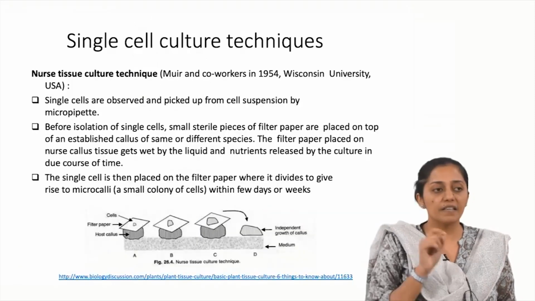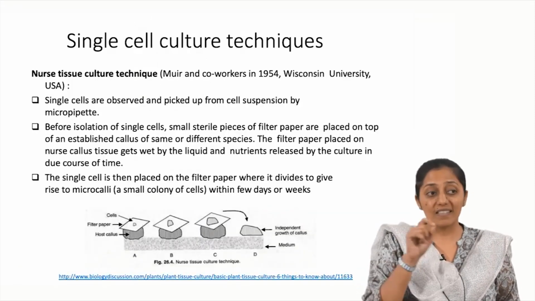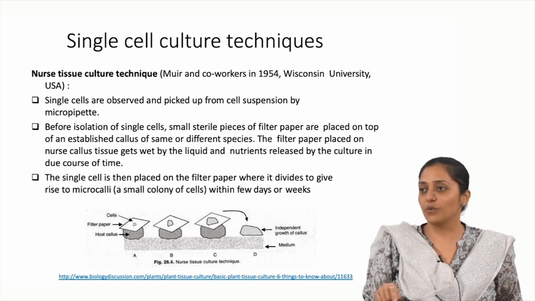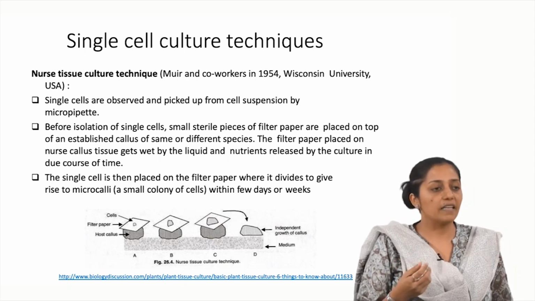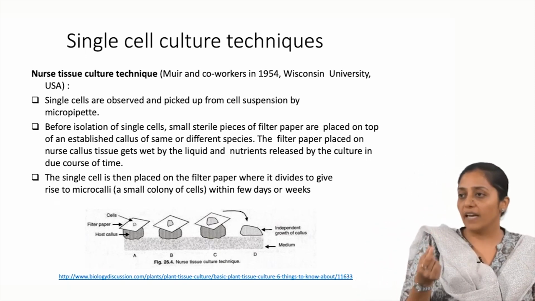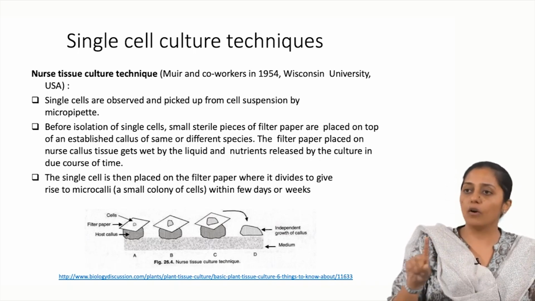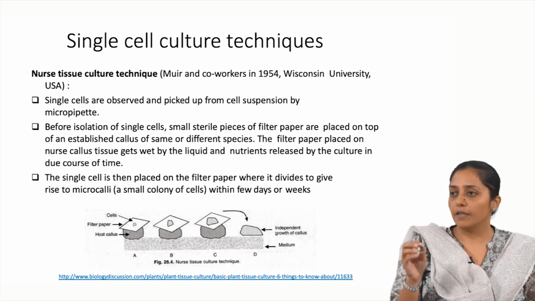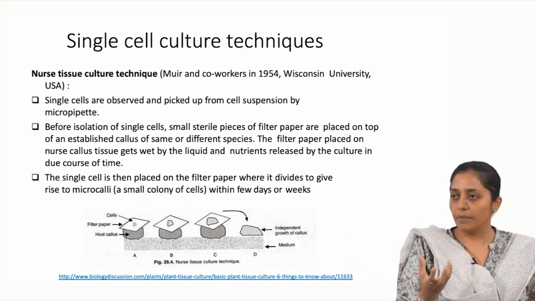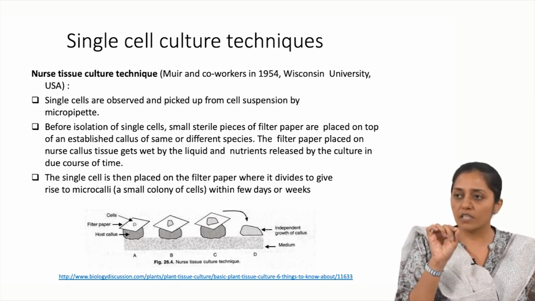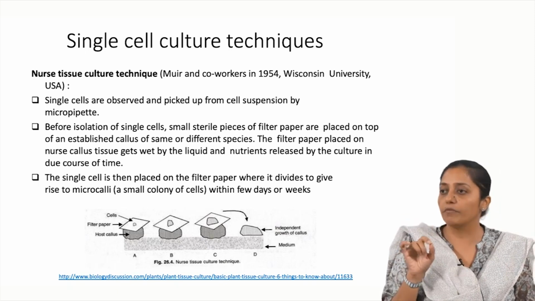And when I say nurse tissue culture, there is a nursing tissue involved. In this technique, you take a small piece of a callus, of the same variety or of a different variety, and put it in a sterile environment on a petri dish, and put a small sterile filter paper on top of it.